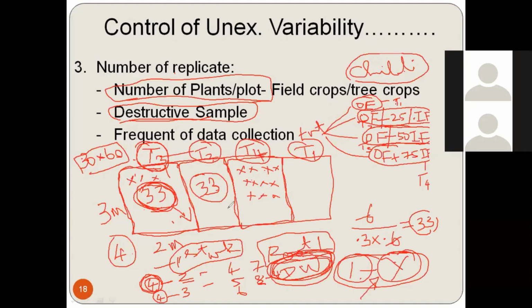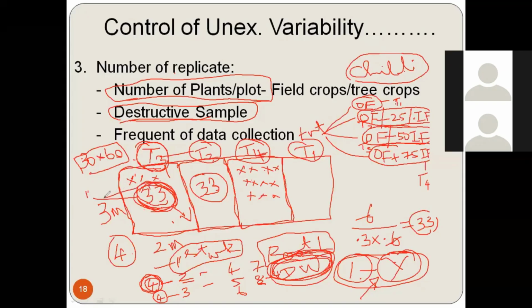That is one thing. Second thing, do you think all 33 will survive? Suppose 5 plants died at the beginning of planting, maybe due to fungus or leaf curl disease.